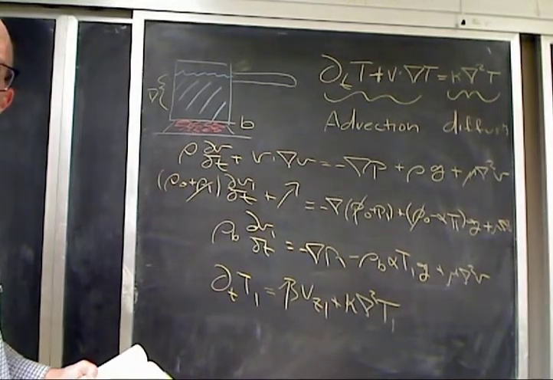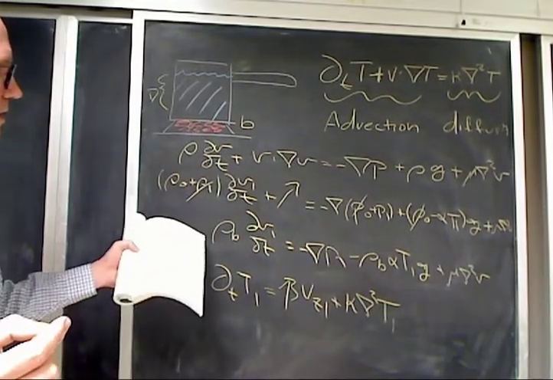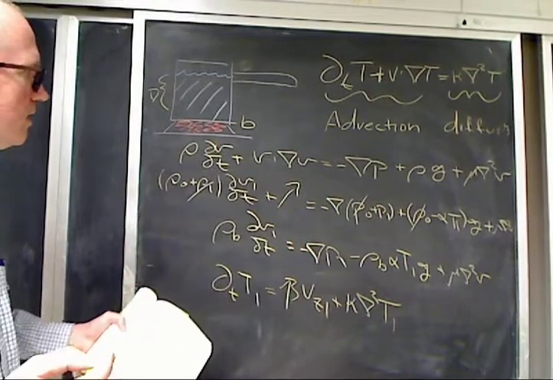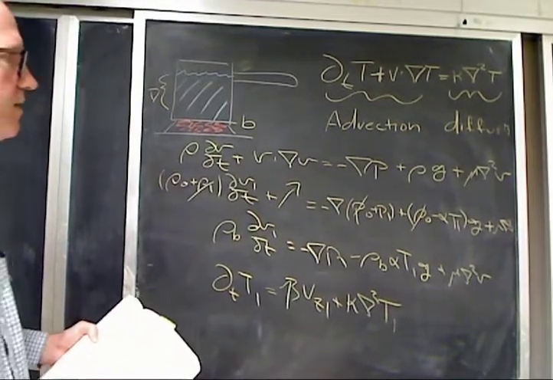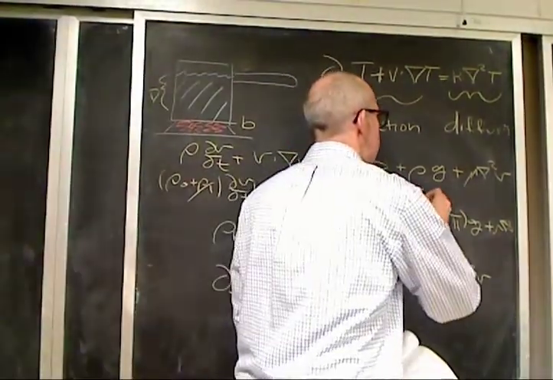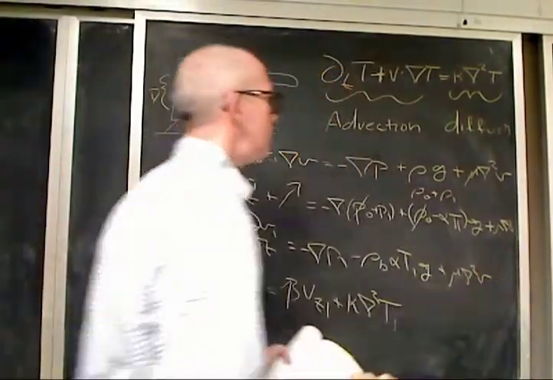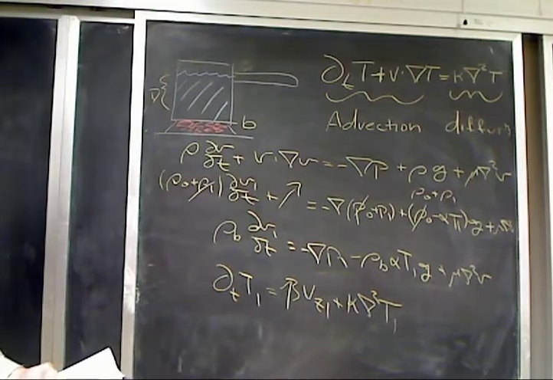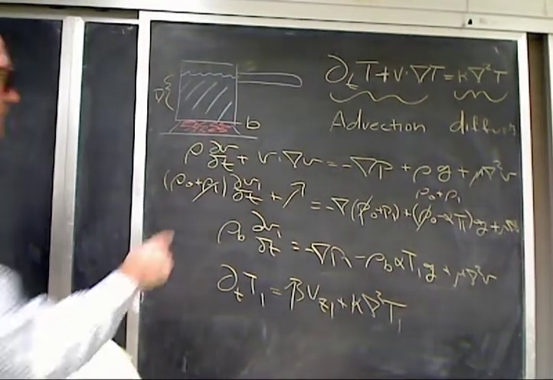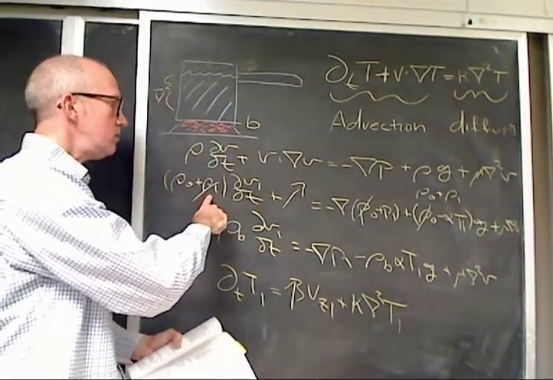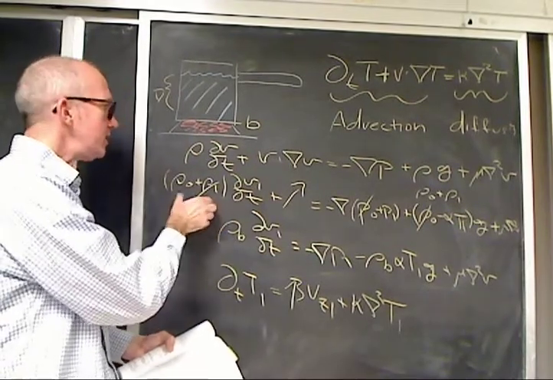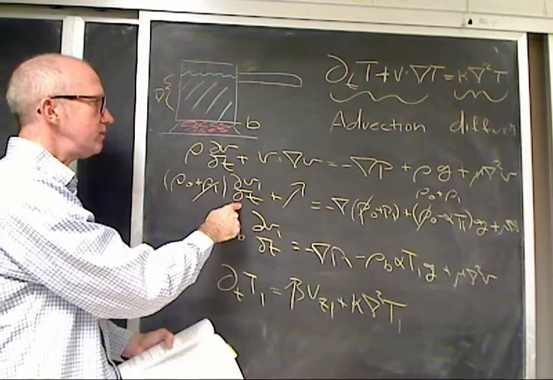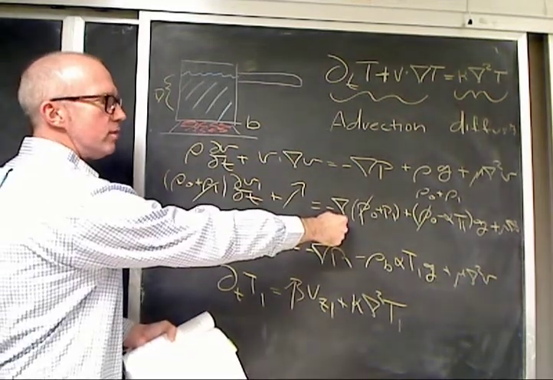Basically, yeah. So why does one row become rho naught plus rho 1 and the other becomes rho naught minus alpha T1? So this is rho naught plus rho 1. It's the same rho naught plus rho 1, but in this one I didn't write it all out because this rho 1 cancels out, because it's second order. So I've got a density in front of the velocity, which is the density that used to be under the pressure gradient.